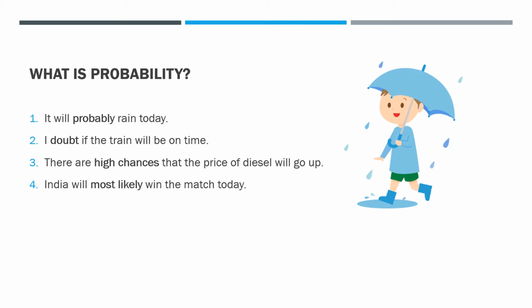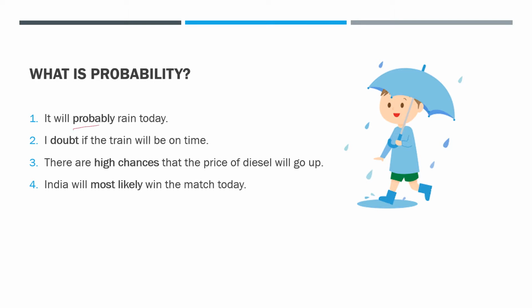For example, if you pick the first sentence, it will probably rain today. What are we trying to say here exactly? We are saying that we don't exactly know if it is going to rain or not, but it is likely going to rain, most likely going to rain. So there is more chance of raining than not raining. That's what we're saying here, right?